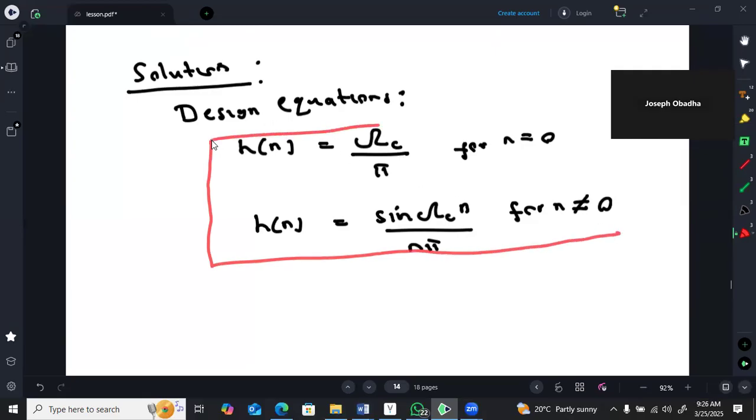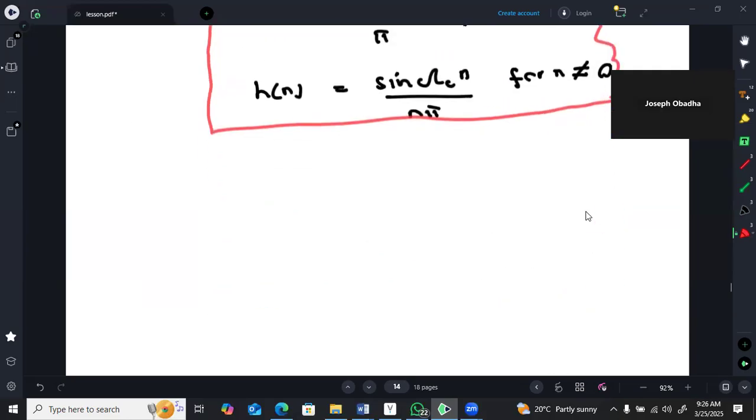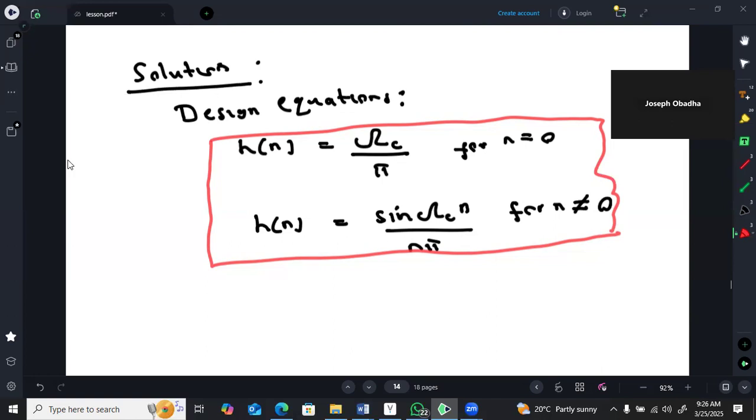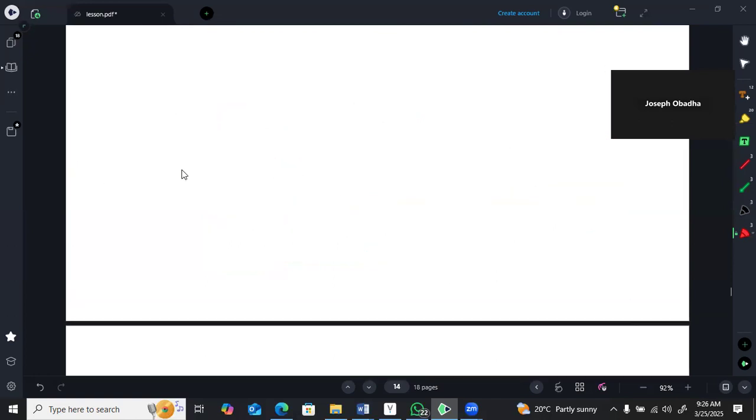If it is, for example, a high pass filter or any other filter, then we have to be provided for. So the first thing is to determine the normalized cutoff frequency. We have been given the cutoff frequency, but we need to determine the normalized cutoff frequency.